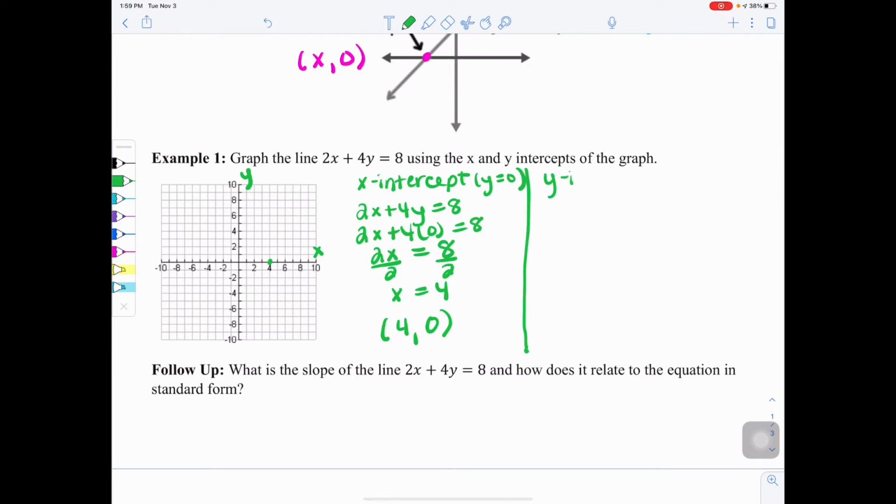Now likewise, for my y-intercept, remember this is when your x value is 0. So we'll rewrite the original equation just like we did on the other side. But this time we will replace the x with a 0.